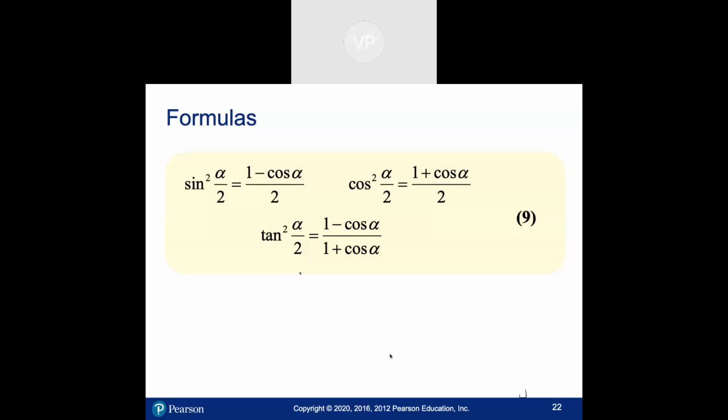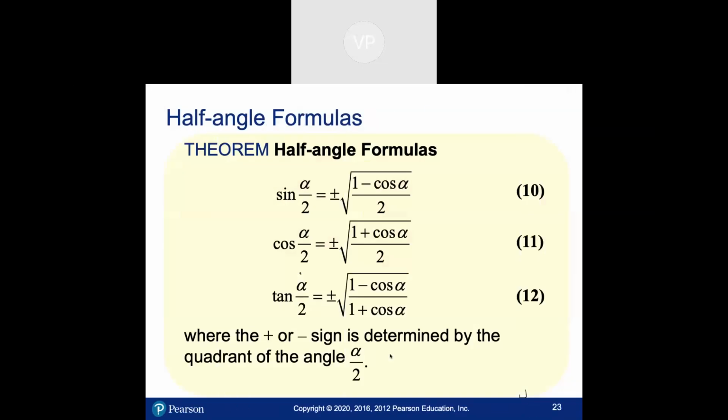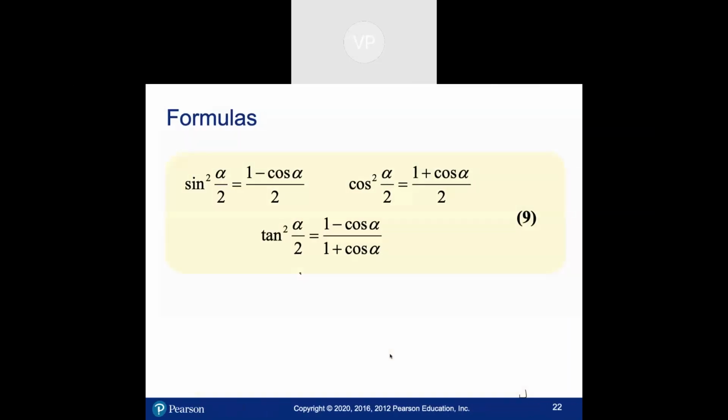Essentially, as they're named, they're half-angle formulas. These formulas right here are just another way to break it down. They're the same formula from a couple slides ago, where, remember, I'll go with the cosine because we've been doing that, cosine squared of theta equals 1 plus cosine of 2 theta over 2.